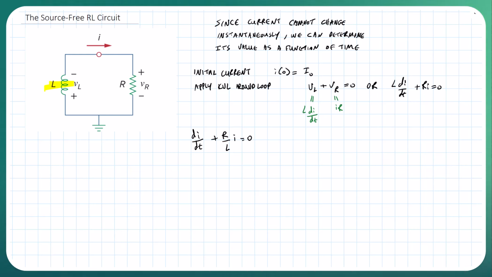We can further rearrange the terms and take the integral. Let's just do di over i, keeping the current on one side, equals R over L dt. Then we integrate on both sides.